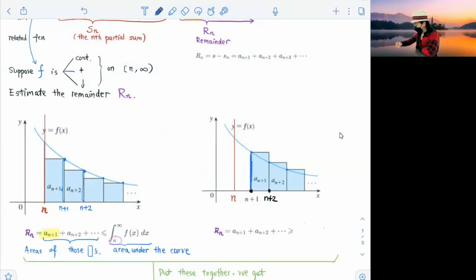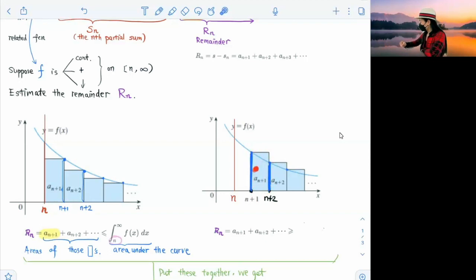It's a of n plus 1, and this is a of n plus 2, and so on. What's the area of this rectangle when I use this left-hand form?